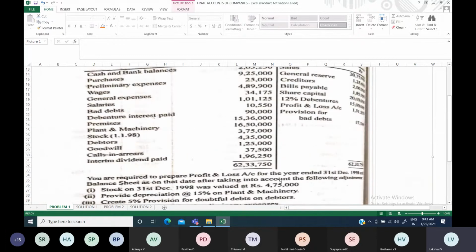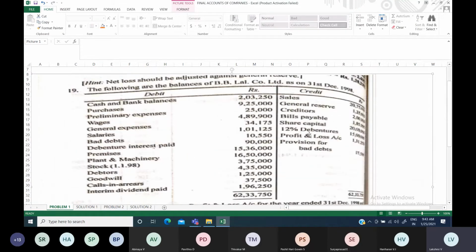How to calculate? So go to the debentures. The debentures amount will be given to you like this, 15 lakh. This is the amount which is raised from the public. For those debentures we have to pay interest, and the percentage is known as the rate of interest or interest rate.